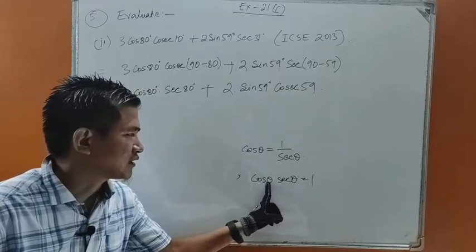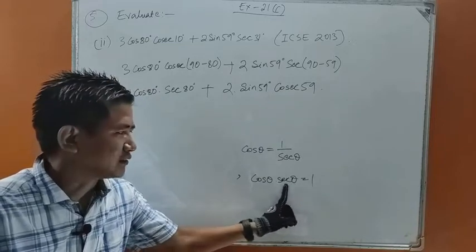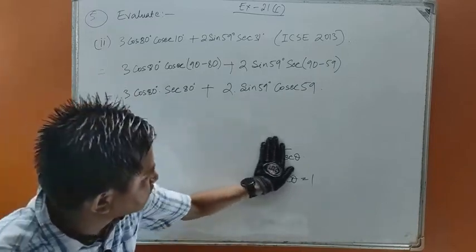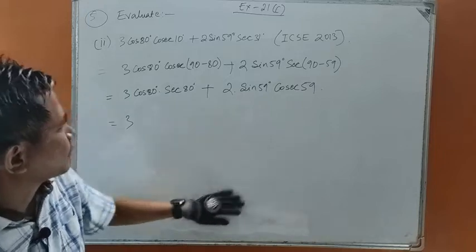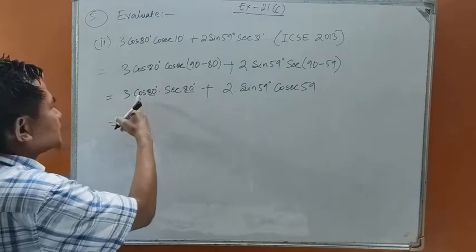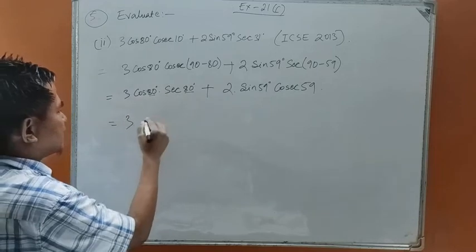If one angle is theta and another angle is something else, this multiplication will not give 1. Angles should be same, so this should be kept in mind. Here also the angles are the same, 80 and 80.